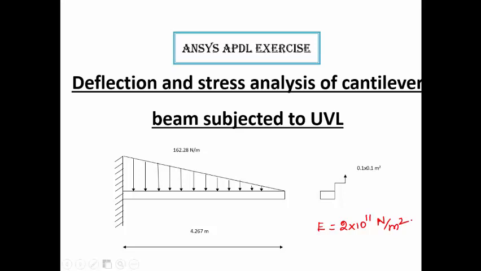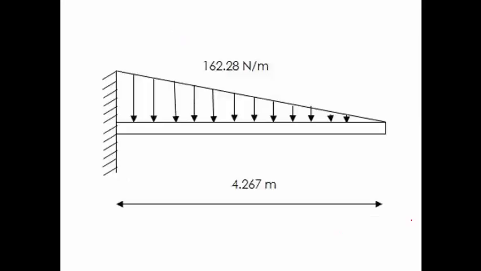Okay, so how to solve this problem using ANSYS APDL? We will discuss the step-by-step procedure to solve this problem in the ANSYS APDL page. Okay, so to subject the given beam to the uniformly varying load and to model the entire case in ANSYS APDL, at the initial stage itself we can subdivide the entire beam into, say, 4 elements.